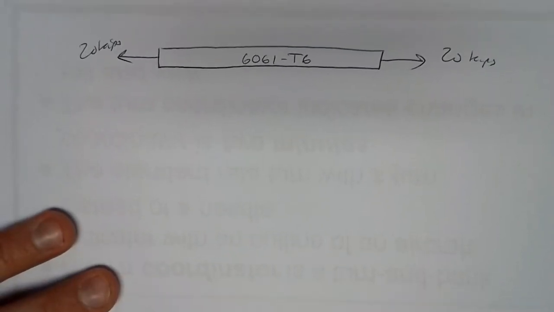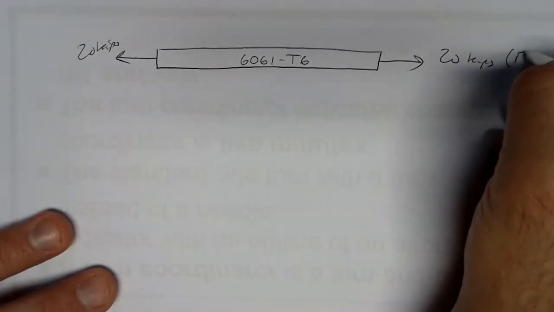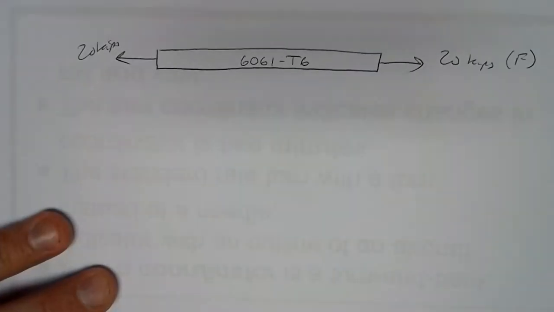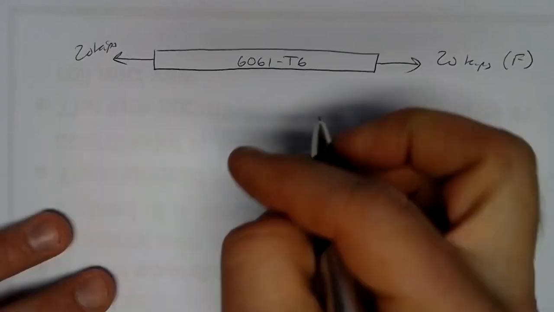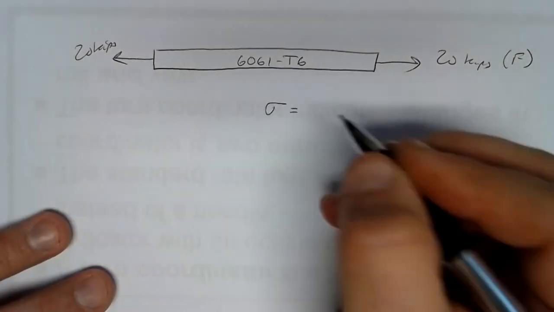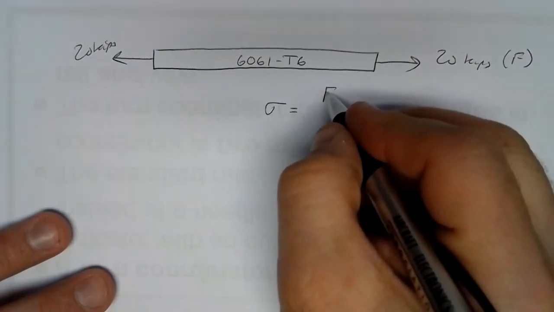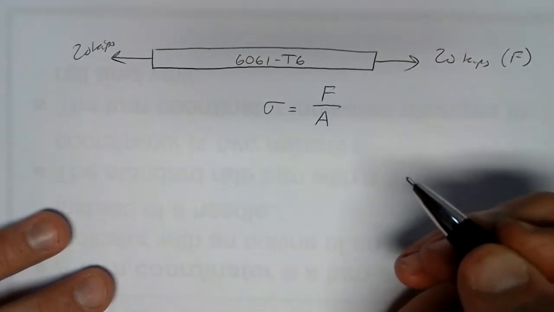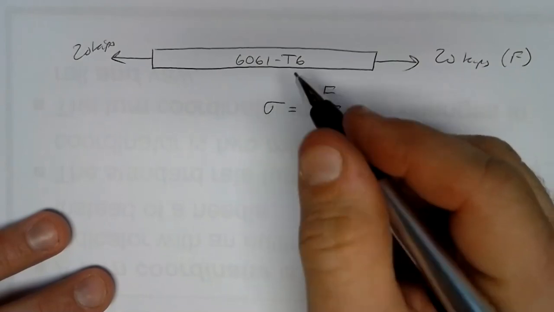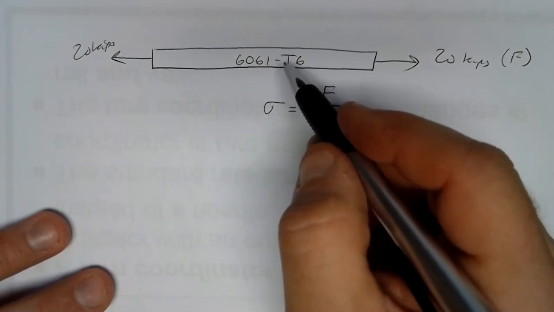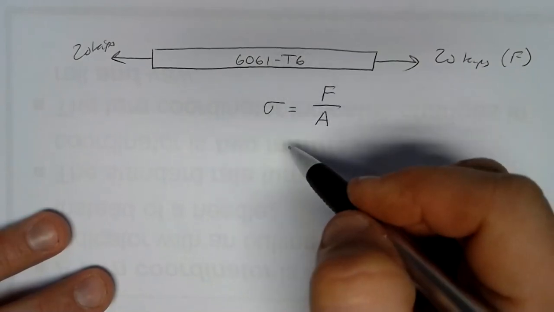We've got 6061 T6 with a force of 20 kips. Now the critical equation to keep in mind here for dealing with stresses and areas is the definition of normal stress. Normal stress is force spread out over an area. And we're being told we want to use 6061 T6.